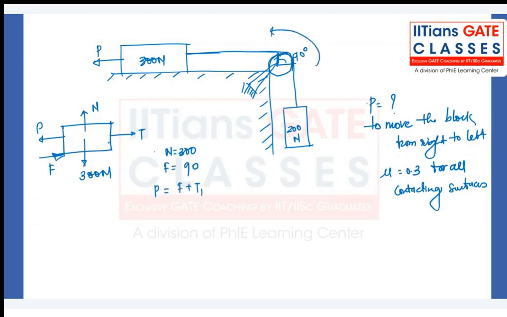Now about the second block. 200 Newton is a downward force. So the upward force in this case is T2, and the value of T2 is also 200 Newton.